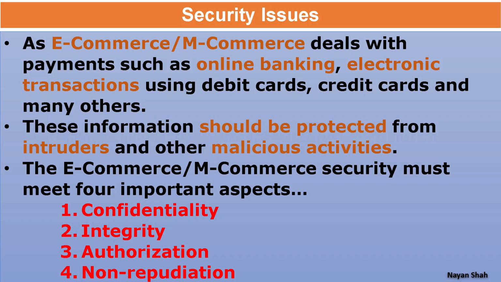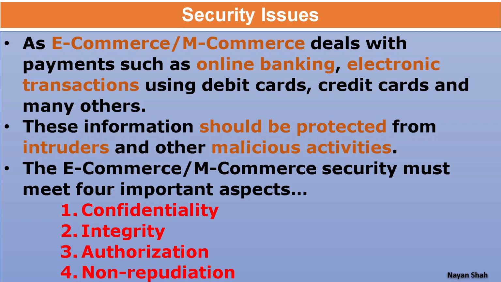So e-commerce and m-commerce security must meet four important aspects, and that is confidentiality, integrity, authorization, and non-repudiation. Let us see all these 4 points. Remember, these 4 points are not only security restrictions for mobile or computer.